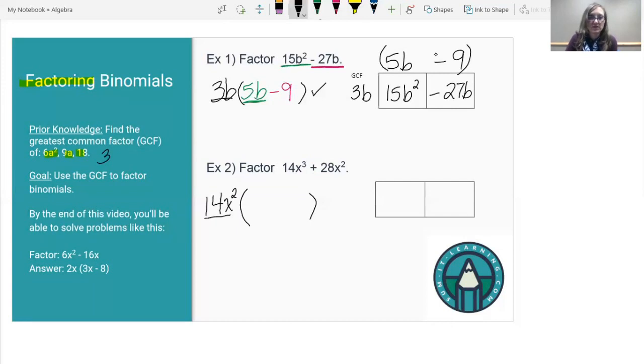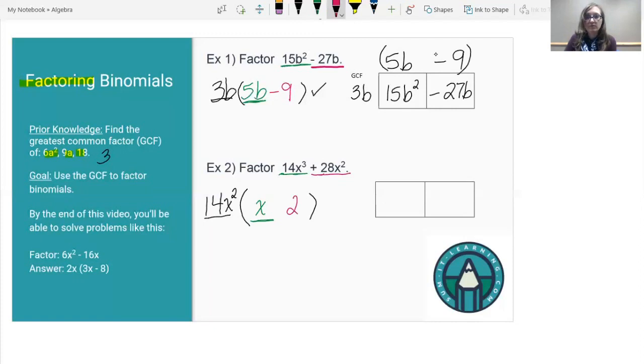So we have 14x squared, and then inside we're going to write what's left over. So for this 14x cubed term, we need 14x squared times something to equal 14x cubed. So all we need there is an x. And then for the 28x squared, and it is positive, well, 14 goes into 28 2 times.